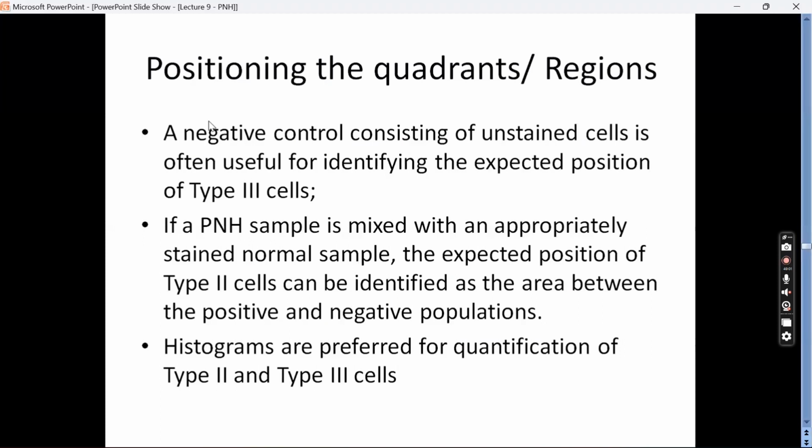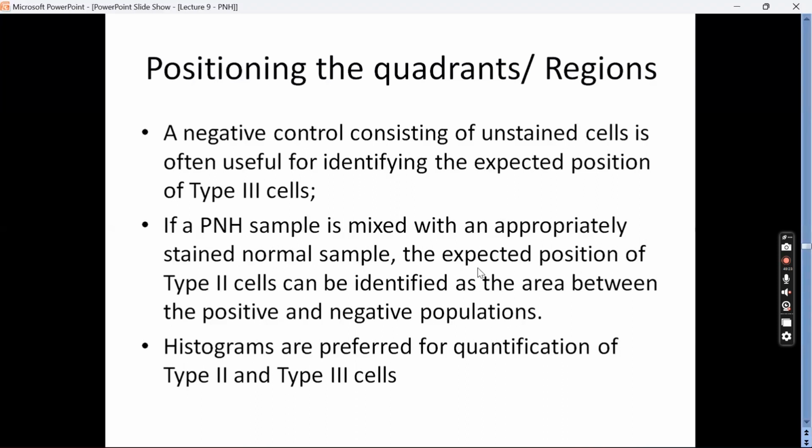Those two will represent a type 1 gate and a type 3 gate respectively. The other way is, when you're running a PNH sample, you can mix it with some stained normal sample. Since you have spiked it with some normal sample, you will find a type 3 population sitting. So relatively, you can find how the expression is in the PNH patient.